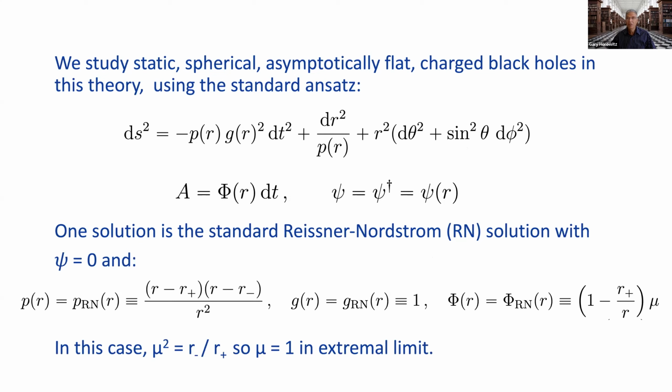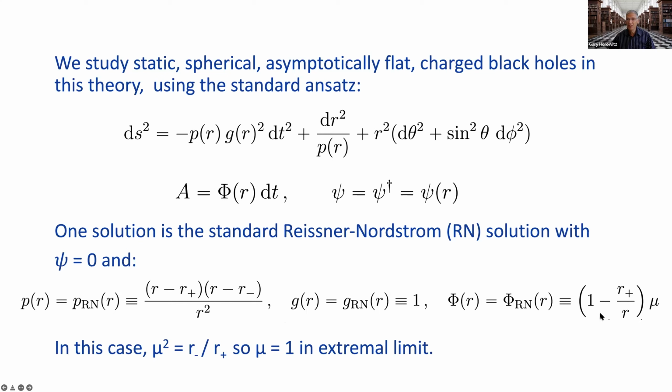Okay, one standard solution is the well-known Reisner-Nordström solution, where psi is just 0. P takes this familiar form in terms of these two constants, R plus and R minus, the radii of the inner and outer horizons. The other metric function is just 1. And the electrostatic potential can be written in this form.